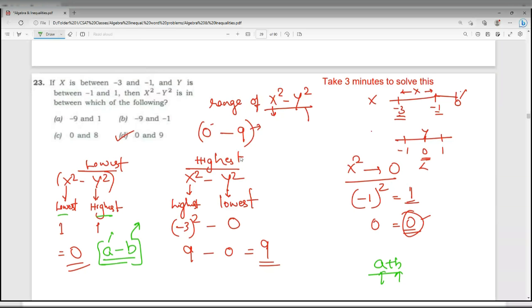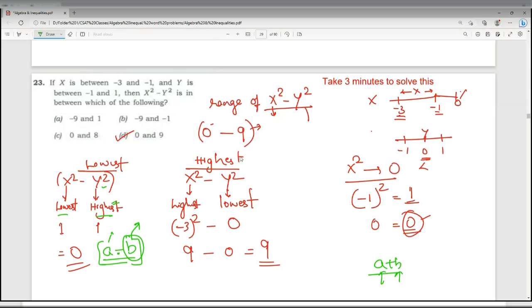But in this case, because b has the negative sign, b has to be the highest. Only then will the whole expression be the lowest. That's why I considered y square to be highest. Given that y lies between -1 and 1, the maximum value that y can attain is 1. So 1 square is 1.